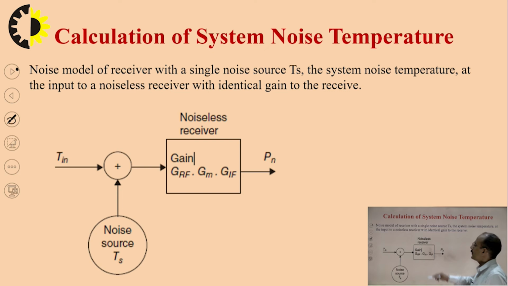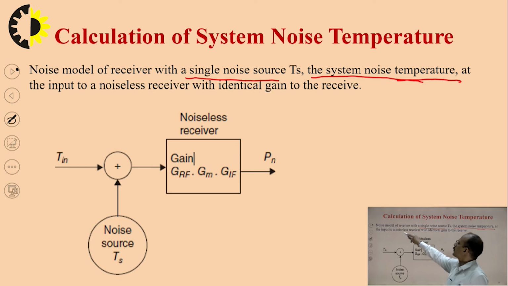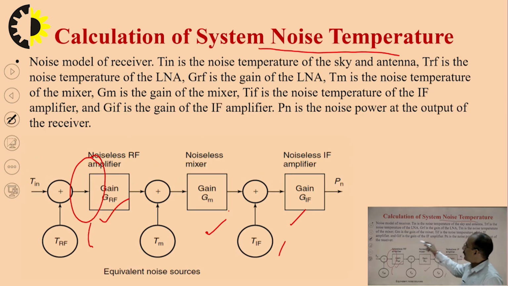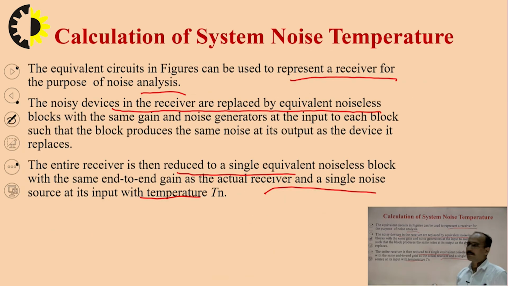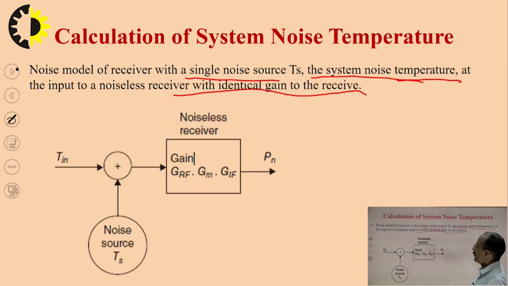You can see here the noise model of a receiver with a single noise source Ts, the noise temperature at the input to a noiseless receiver. Means that the complete block is summarized in this block, where the system noise source is Ts, Tn is the antenna noise temperature, gains GRF, GM, GIF are multiplied, and the noiseless receiver gives the Pn.